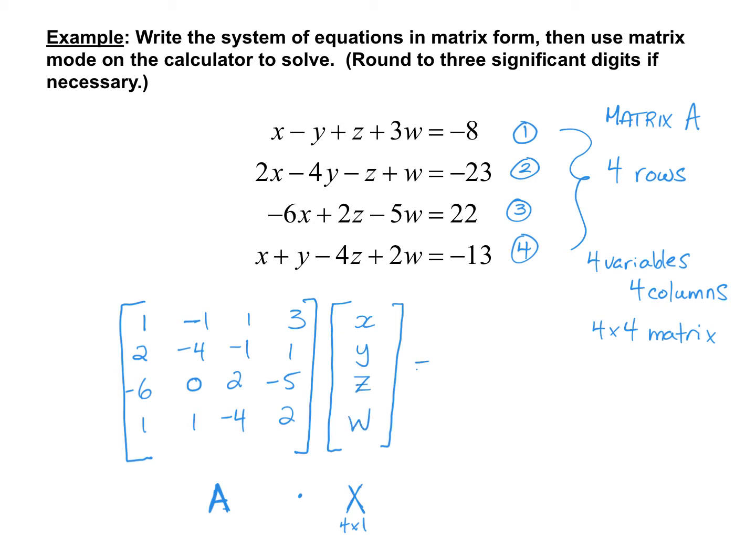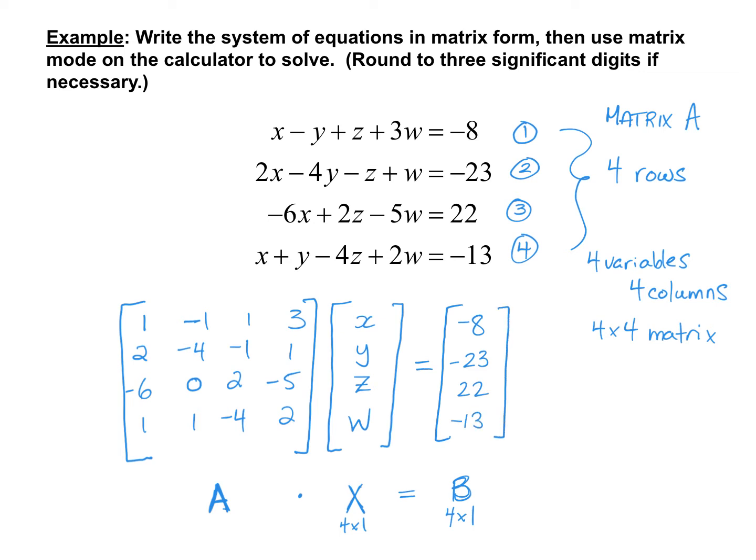And that's going to be equal to our constants column vector b, which is going to be 4 by 1 as well. It's one column and one row for every equation that we had. So we had 4 equations, so 4 rows. -8 was the first constant, -23 was the second, 22 was the third, -13 was the fourth.